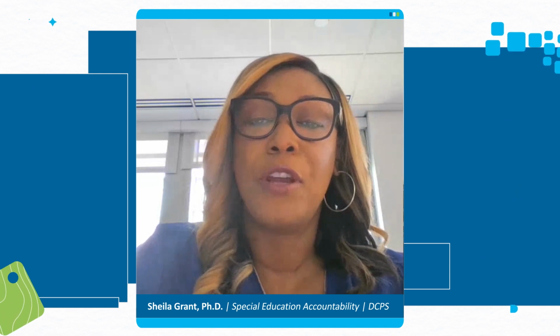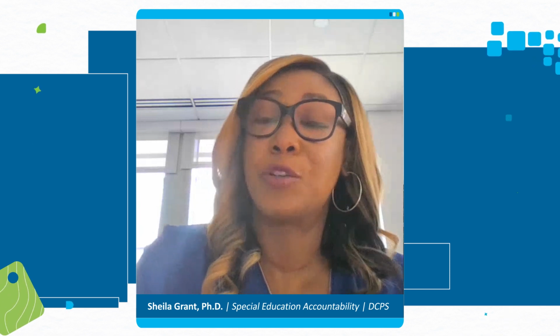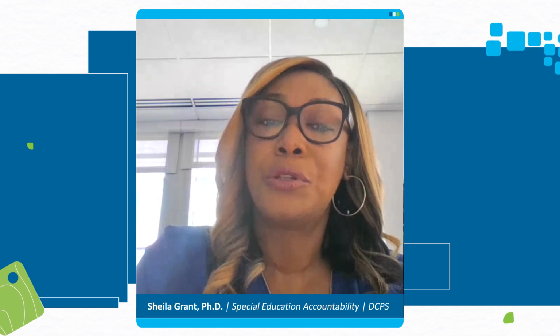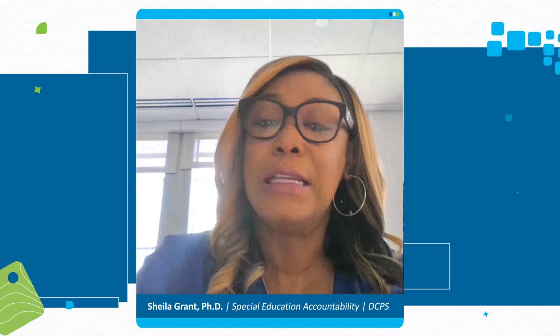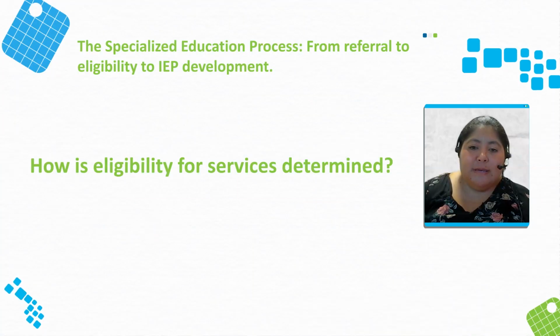Implementation of strong interventions helps prevent the over-identification of students into special education, especially those in historically overrepresented populations, and helps ensure students are served in their least restrictive environments. So the decision is made by the team.